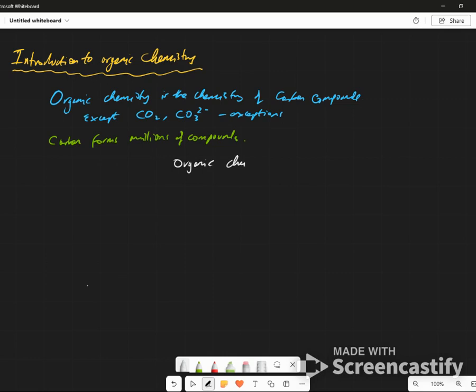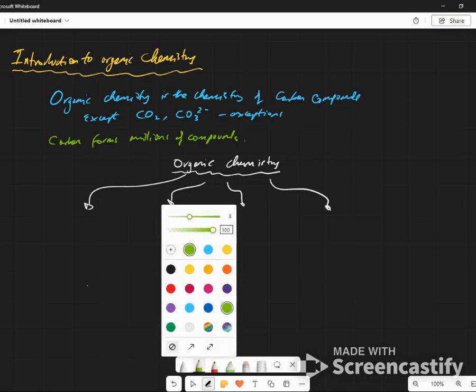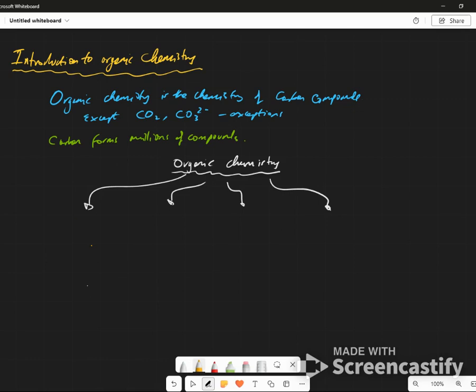Organic chemistry is enormous, and the only way we can deal with something so big is to split it up into bits. On our course, we split it up into four bits. The first one is called alkanes, the next one is alkenes, the next one is alcohols, and the last one is acids.